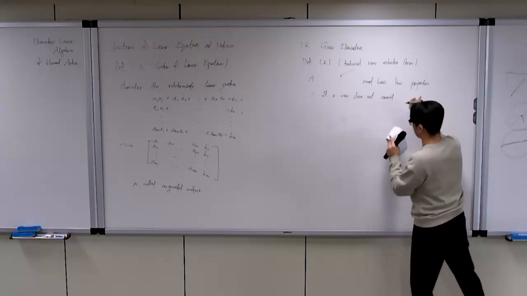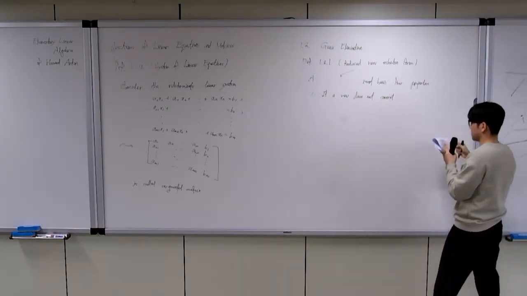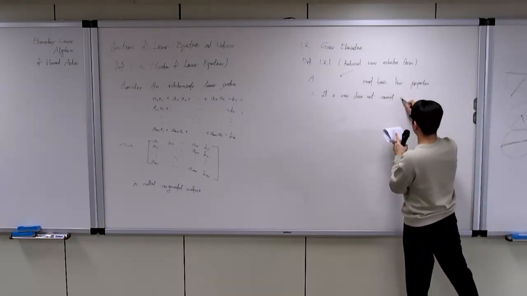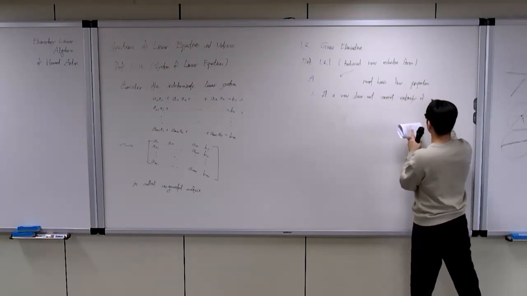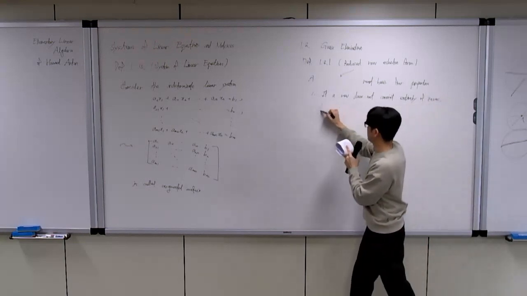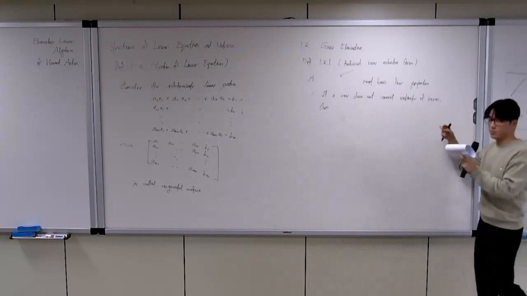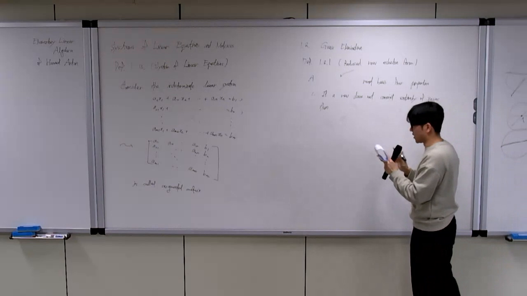If a row does not consist entirely of zeros, then the first non-zero number will be called a leading one.